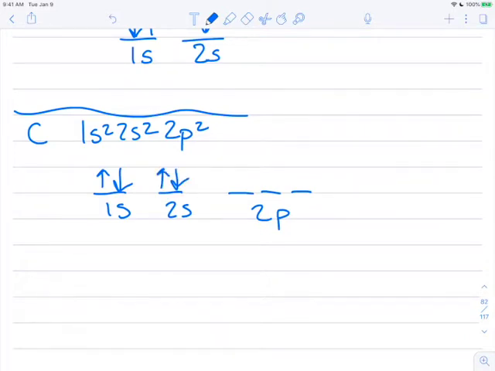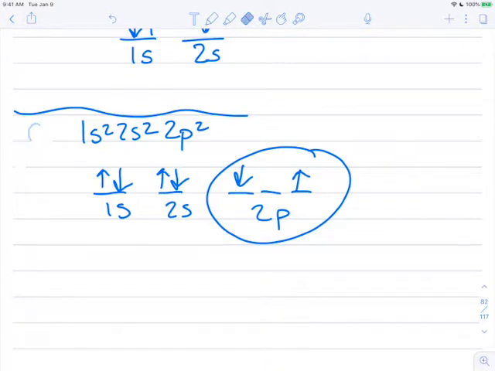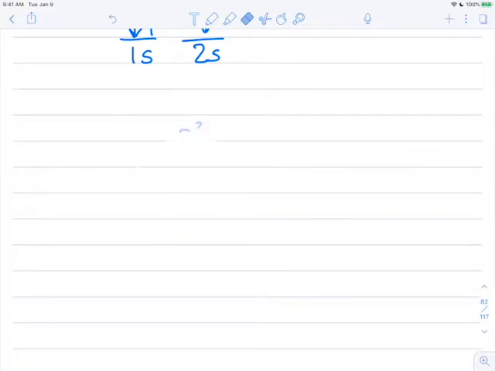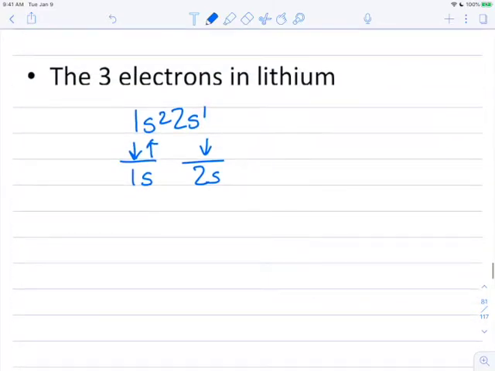However, for the p's, I could put one here and one here, or I could put one here and one here. I could do it however I want, up or down. In these 2p's right here, I just want to do the correct corresponding quantum numbers for whatever I've drawn here. All right, good questions. Any other questions?